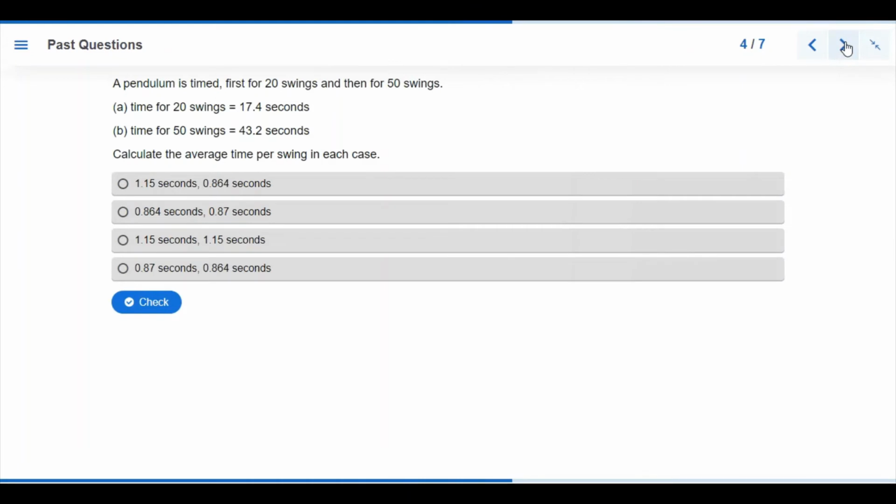Now, a pendulum is timed first for 20 swings and then for 50 swings. Now, time for 20 swings is 17.4 seconds. For B, time for 50 swings is 43.2 seconds. Calculate the average time per swing in each case. So it looks more like this.